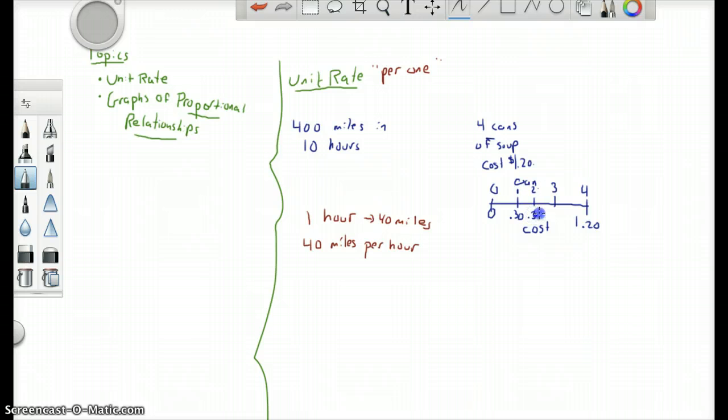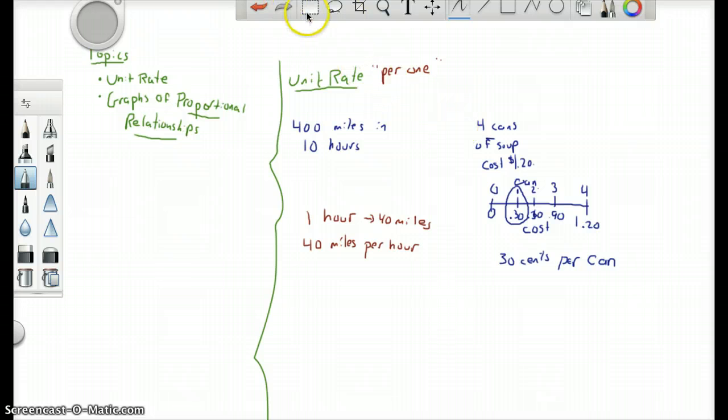So 2 cans are going to be 60 cents. 3 cans are going to be 90 cents. Okay, so the unit price is this thing here, okay, the cost of 1 can. So this cost is going to be 30 cents per can. Okay, so that's what a unit rate is.